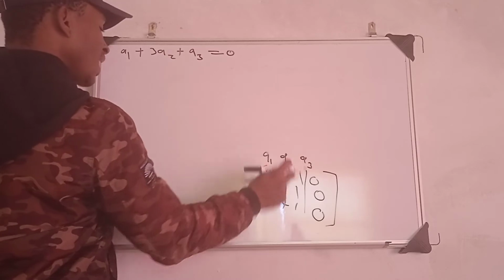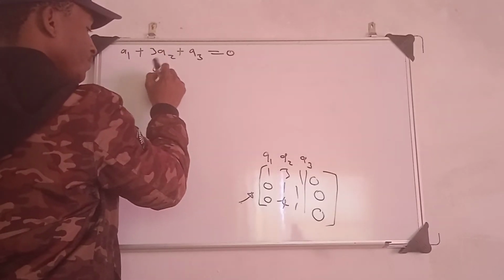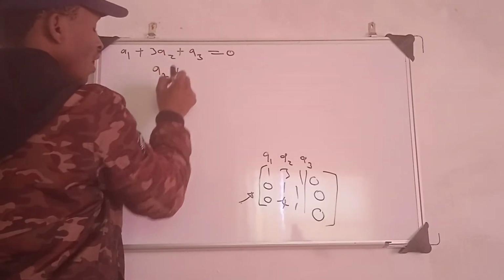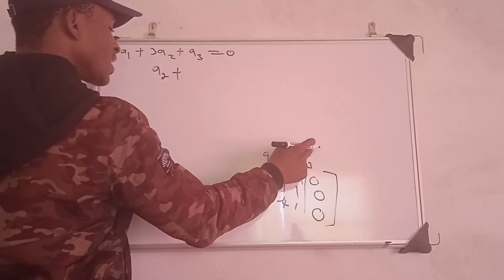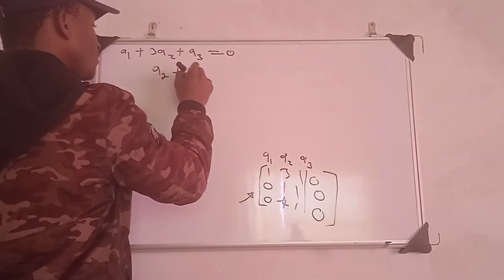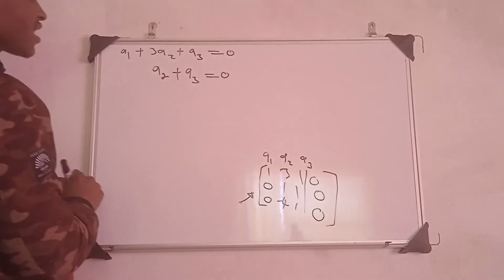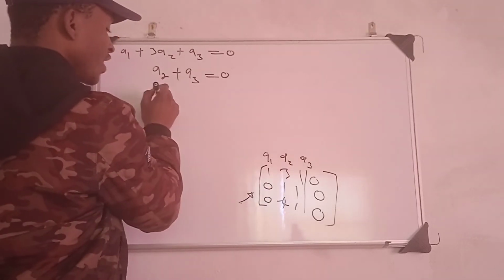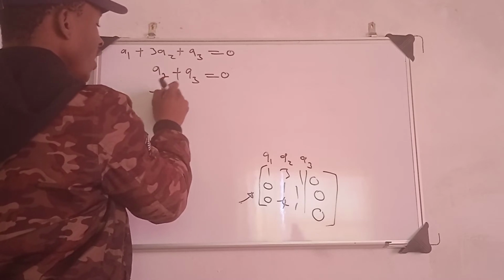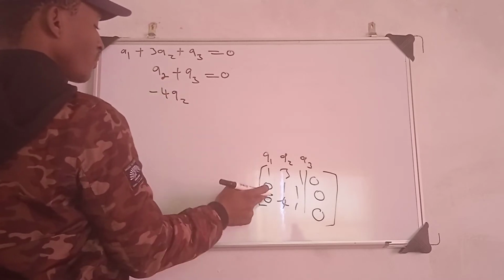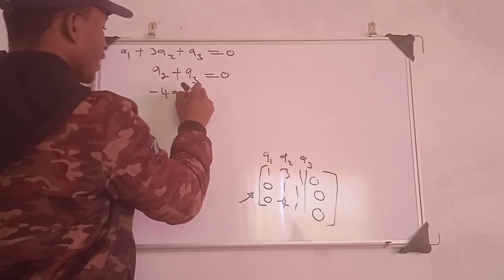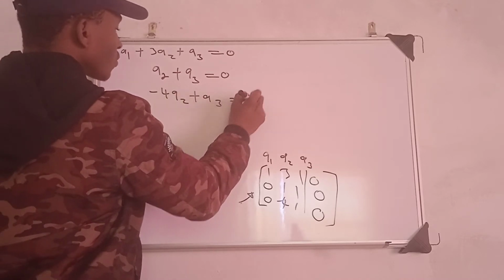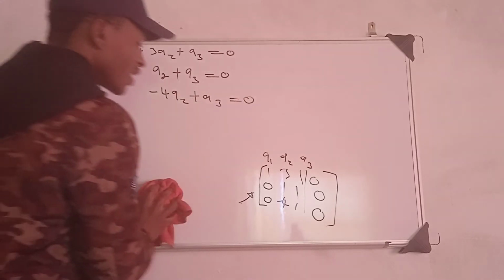And then if I multiply this and this, I'm getting A2, plus if I multiply this and this, I'm getting A3. This is just 0. So, if I multiply this and this, I'm getting minus 4A2, because this will be 0. And then A3 equals to 0.